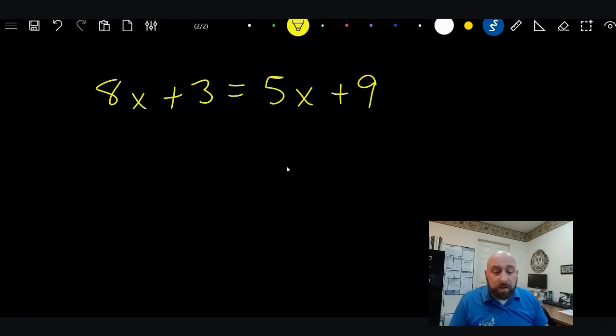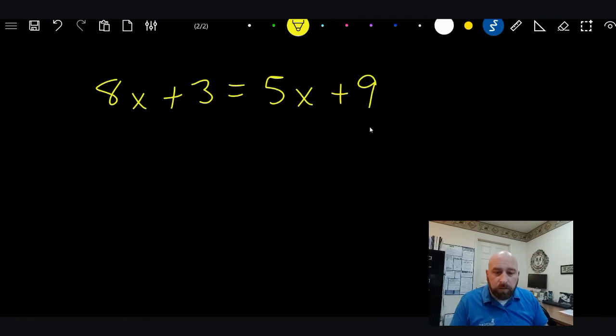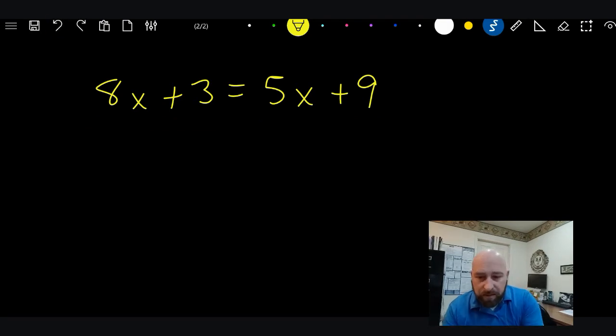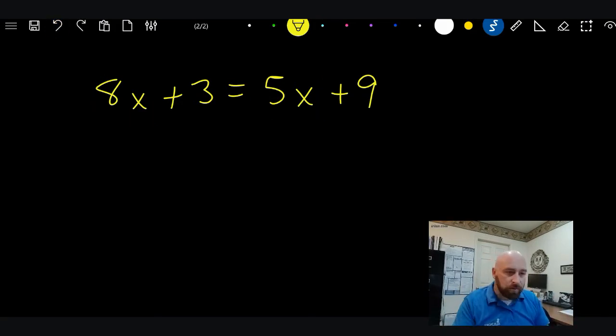So the first step is do what you can do. Do what you can do. Well, there's a problem with this one. There's nothing that I can do. There's no like terms over here. And there's no like terms over here. Now I understand that there's like terms here and here, but those are on the other side of the equal sign, so we can't really do anything with those yet.